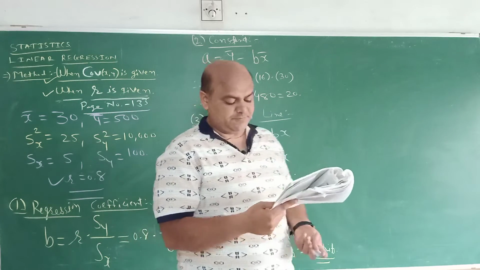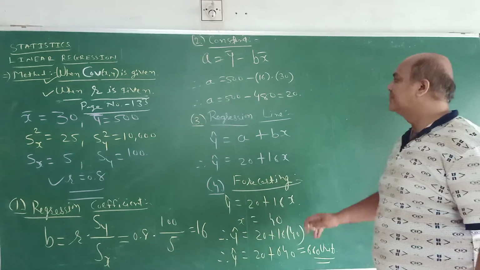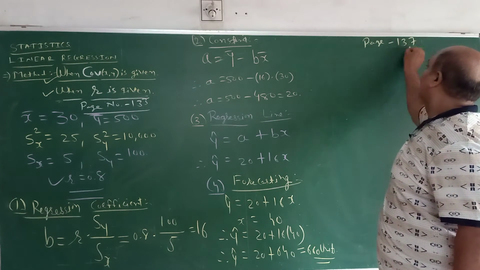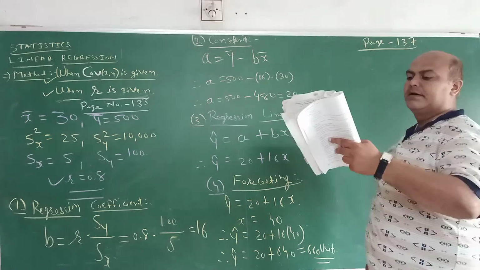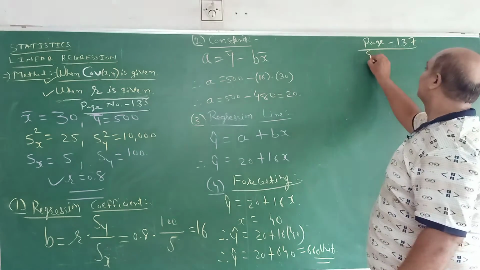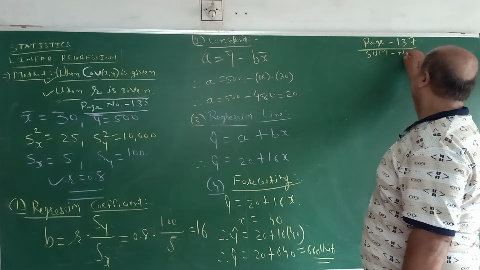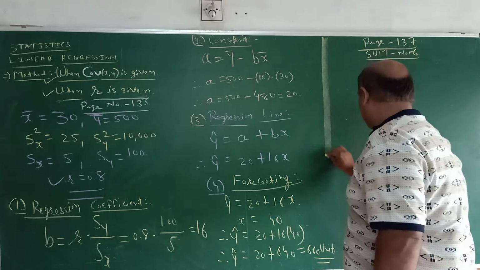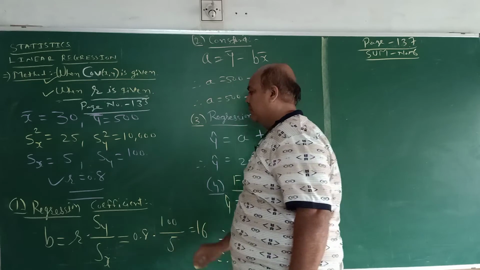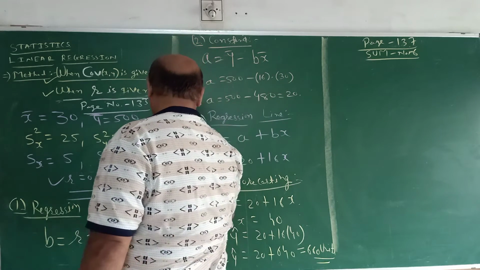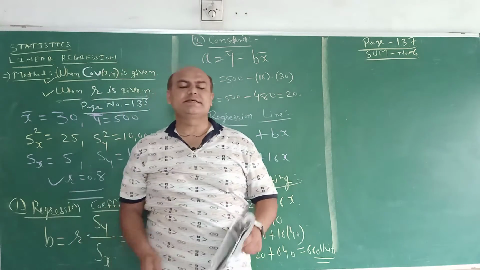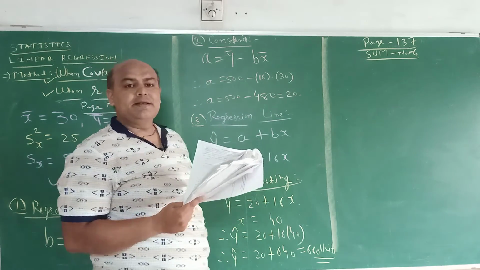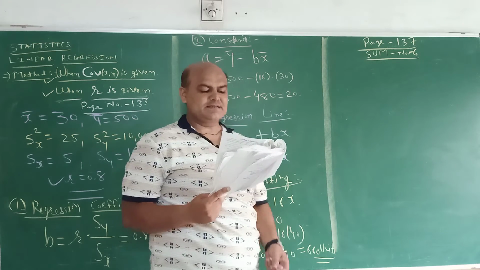Sum number 6 we take, page 137. Now we take the next practice sum when covariance xy is provided. Page 137, I repeat, sum number 6.